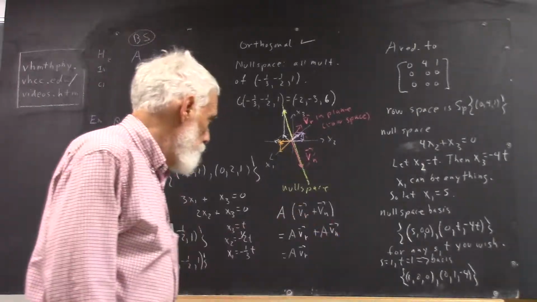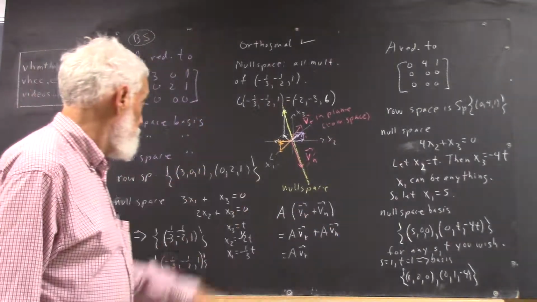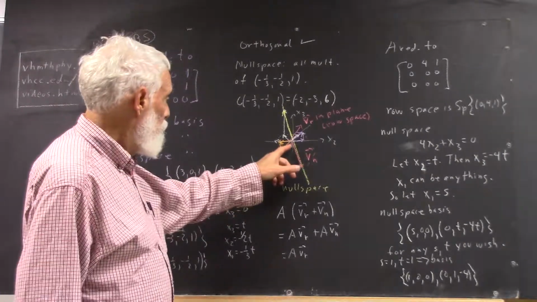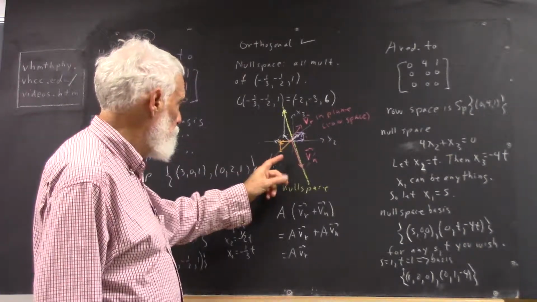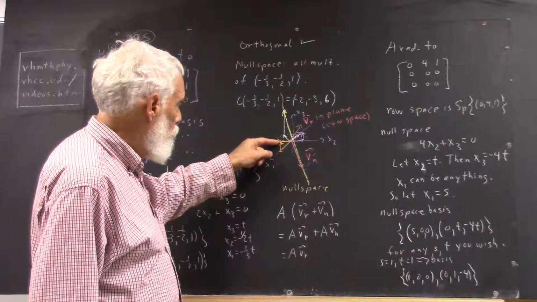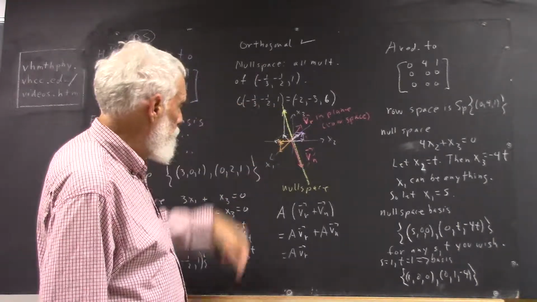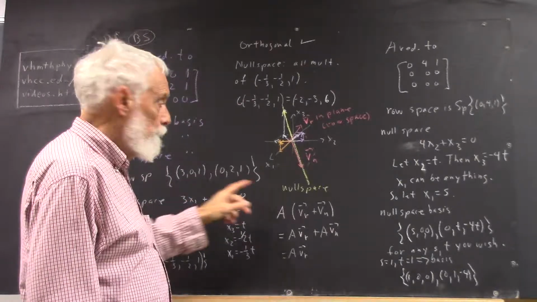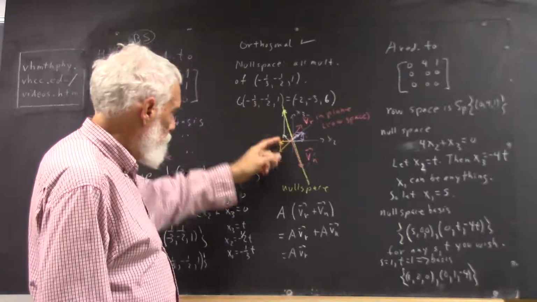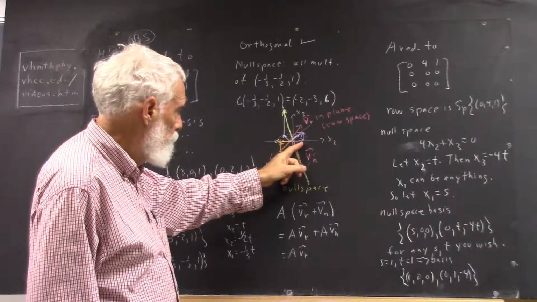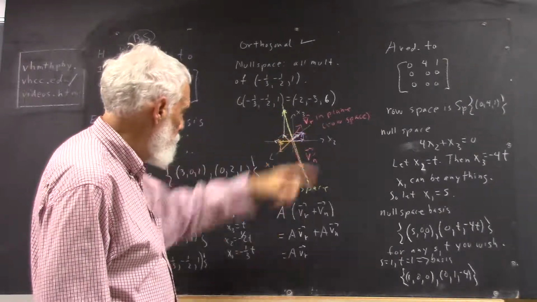Then we depict the two vectors in our row space. 3, 0, 1, well, that's 3 units in the x1 direction, no units in the x2, 1 unit in the x3 direction, so that gives us a vector from here to here. And the 0, 2, 1, no units in the x1 direction, 2 units in the x2, 1 unit in the x3, that's the purple vector.